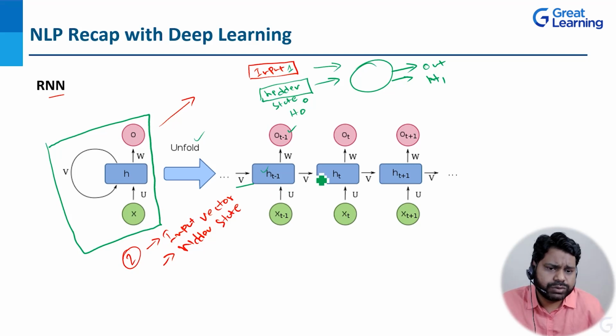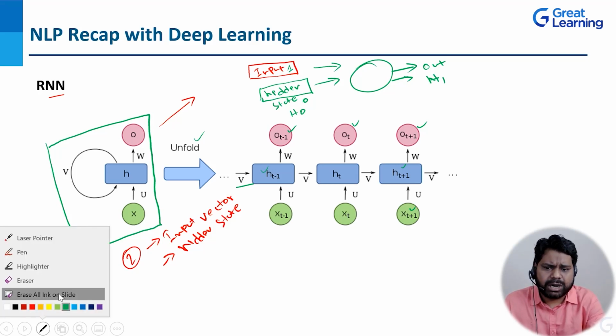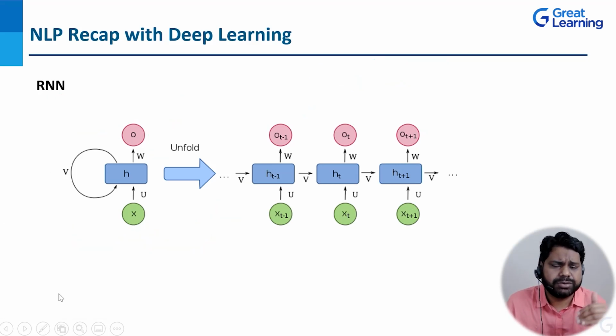Then this hidden state goes here, and x(t) goes there. This will generate o(t), then o(t+1) will be generated when we provide h(t+1) and x(t+1). Likewise, it holds the previous information and the previous state. This allows the RNN to keep the information with itself. This way RNN outperforms CNN in textual data.